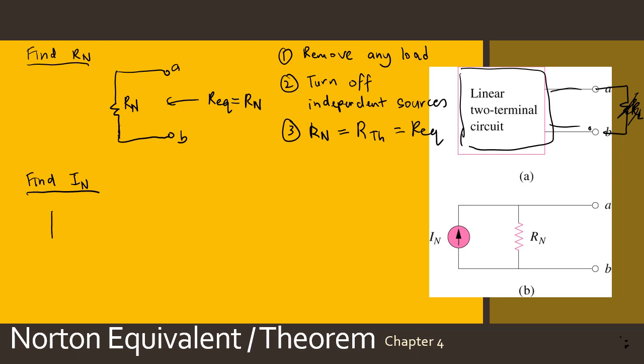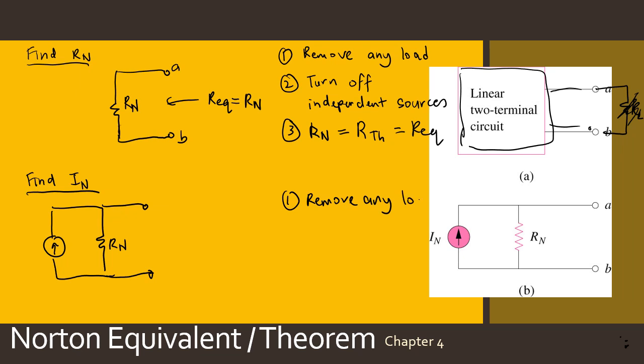You have this Norton current in parallel with Norton resistance, and the same steps. You need first to remove any load if you have at terminals A and B here, and then make sure this is an open circuit.